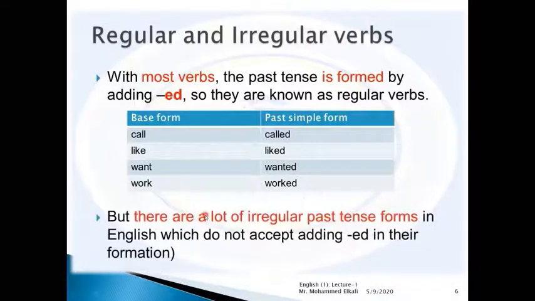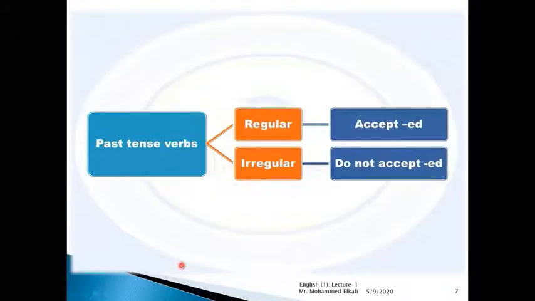But there are a lot of irregular past tense forms in English which do not accept adding ed in their formation. Here we need to know the difference between past tense verbs. We have regular as the first type and the second type known as irregular.